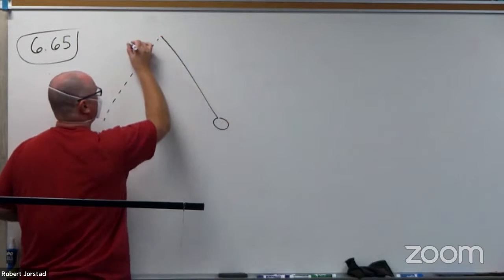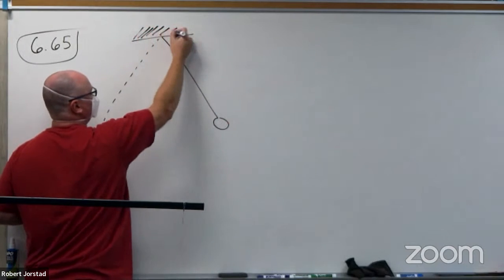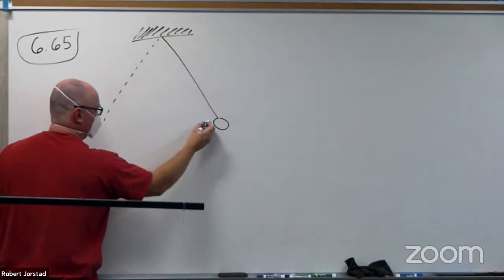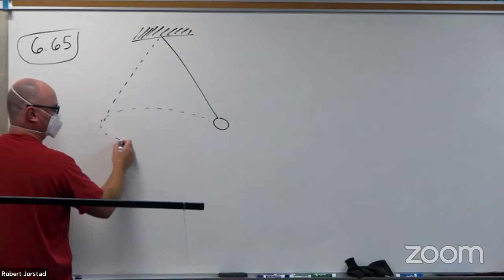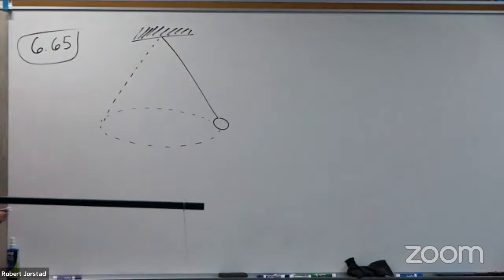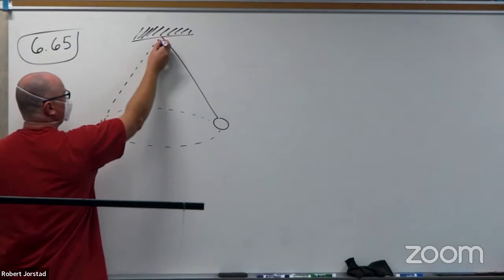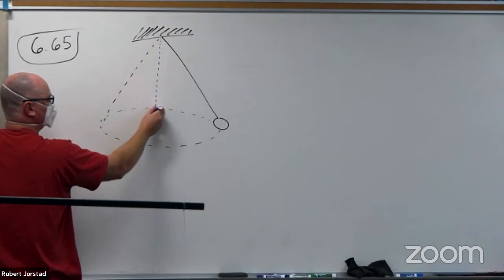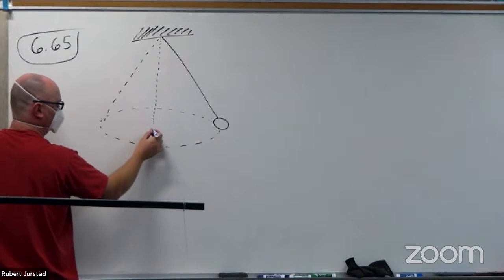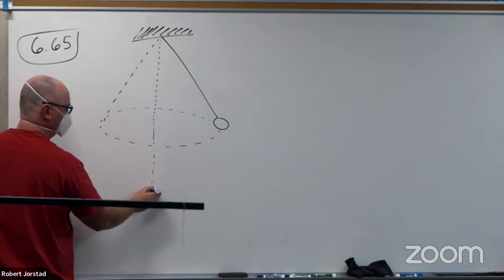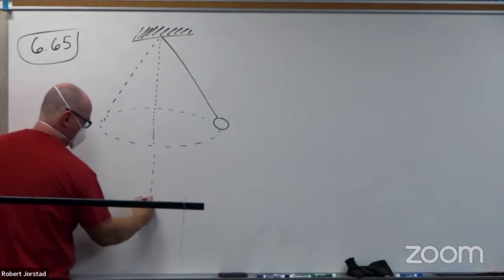There's a ball attached to the ceiling of some kind, and we see it going in this weird circular path here. Sorry if it's not a perfect path. The idea is, this is the axis of rotation now.